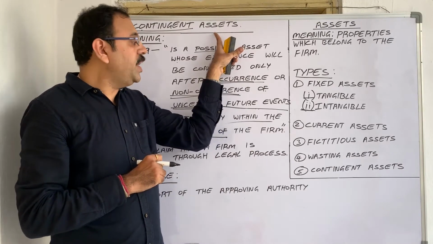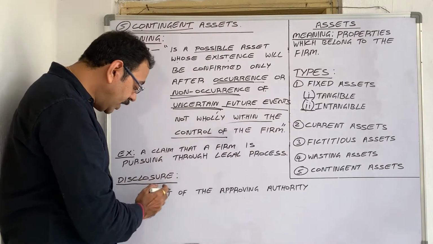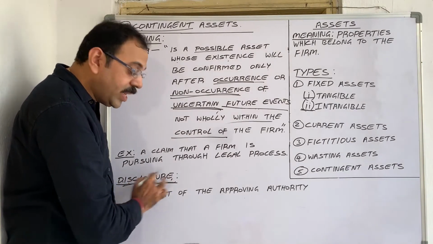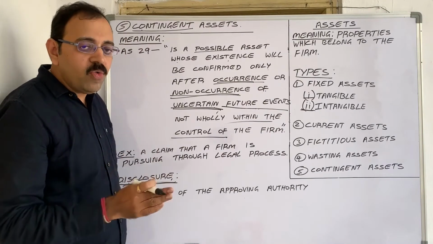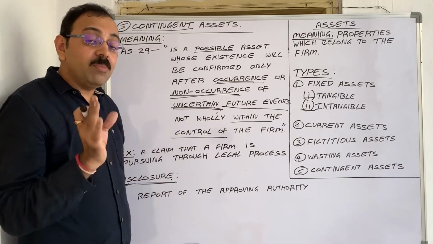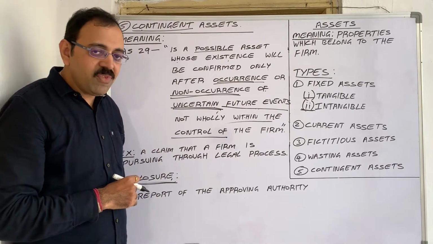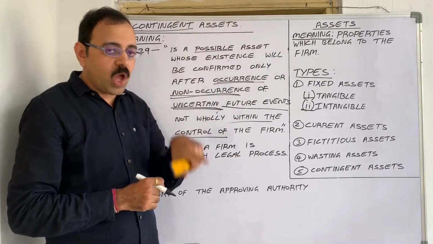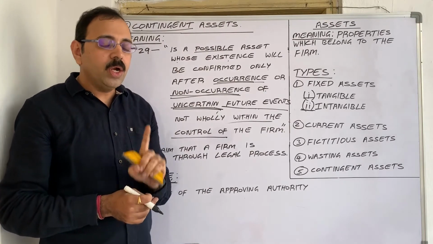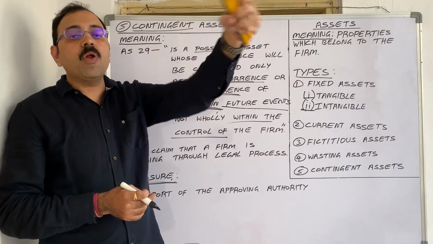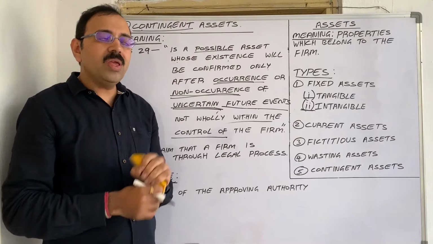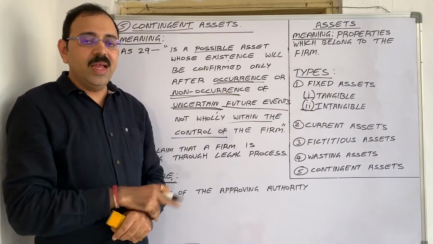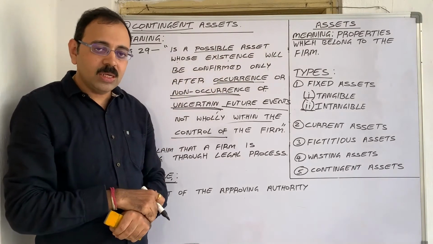Now, while disclosing the contingent asset in the books, we have to follow the conservatism convention. What does this convention say? Record all expected future losses in the books, but don't record expected profits in the books. So if we become the owner of that particular land, then it is one profit to us.